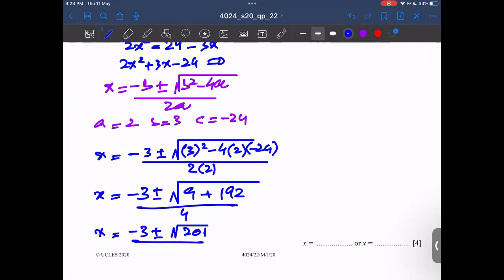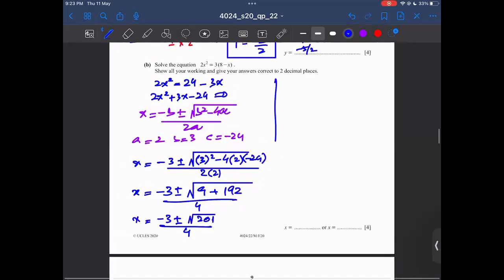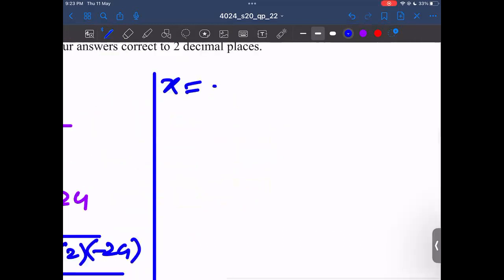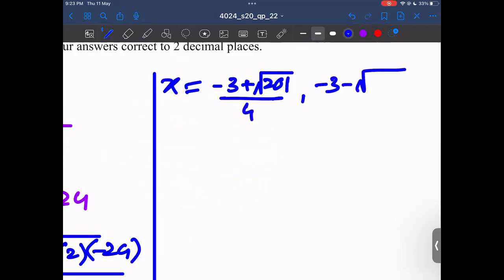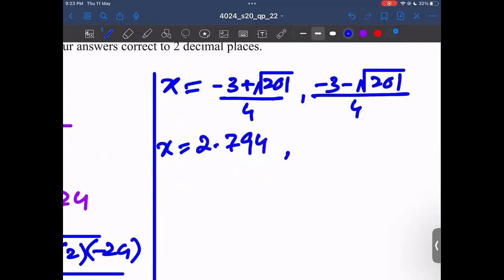Now I need to separate these values with plus minus. Okay, I'll get the value of x is equal to minus 3 plus under root 201 upon 4, and x equals minus 3 minus under root 201 upon 4. Now I'll get the values: minus 3 plus under root 201 upon 4 is 2.794, and minus 3 minus under root 201 upon 4 is minus 4.294.